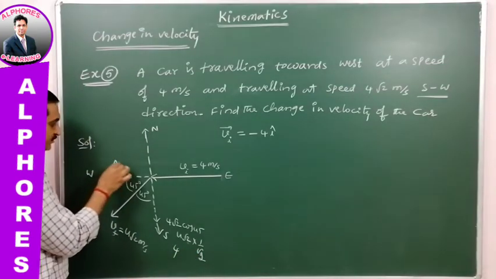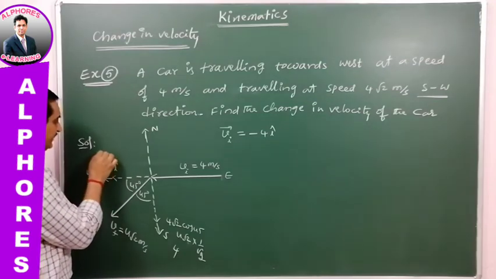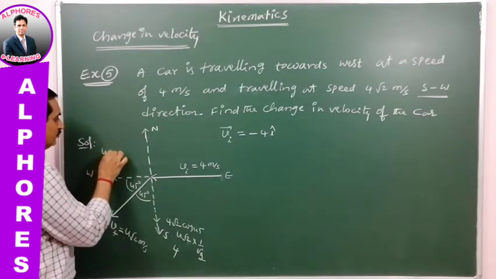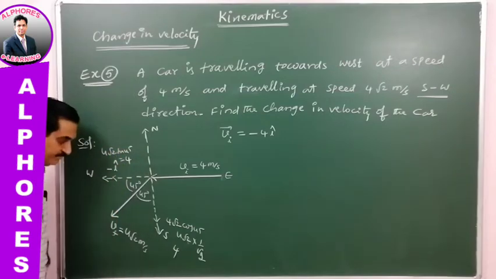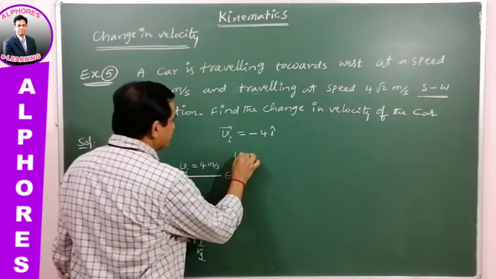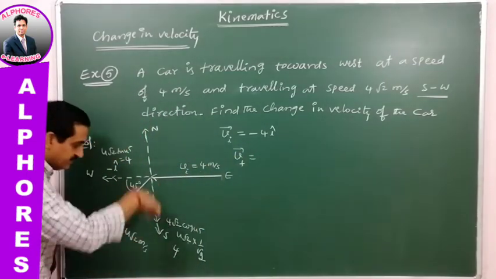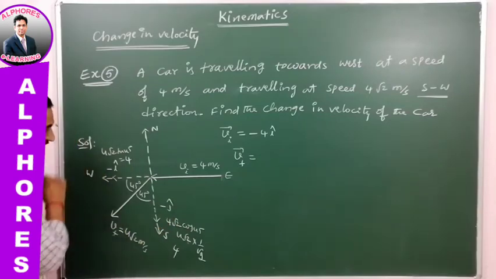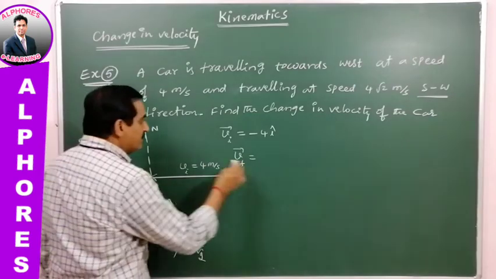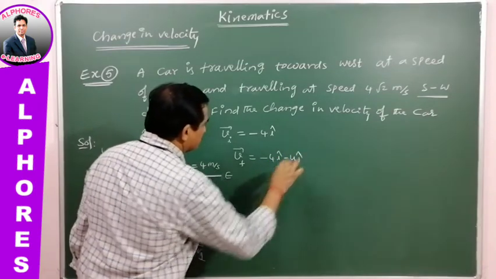So, this side also again 4√2 sin 45, which gives only 4. Therefore, final velocity V final in vector form, it is negative direction. Therefore, minus j and minus I. Therefore, here it is minus 4I minus 4j.